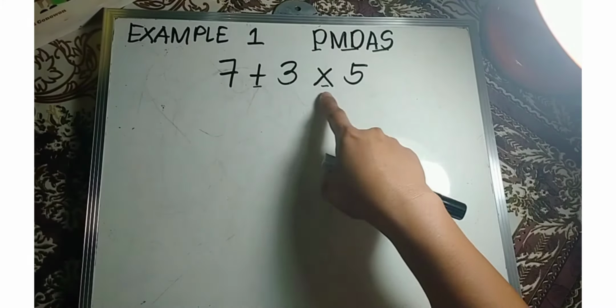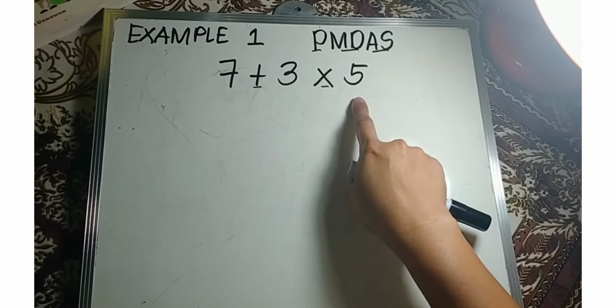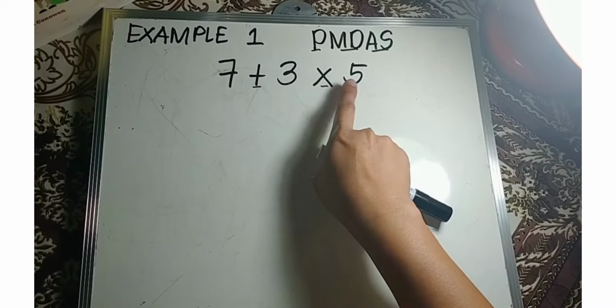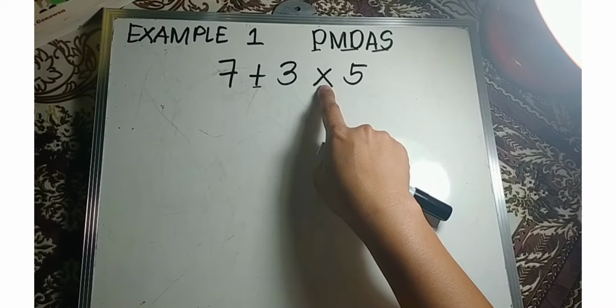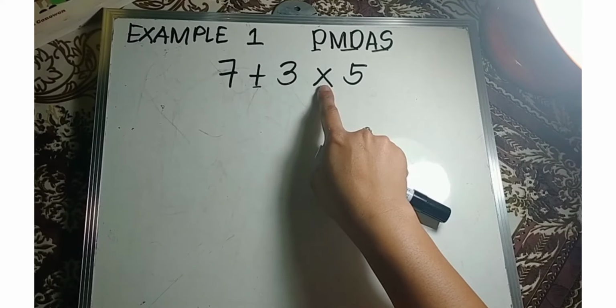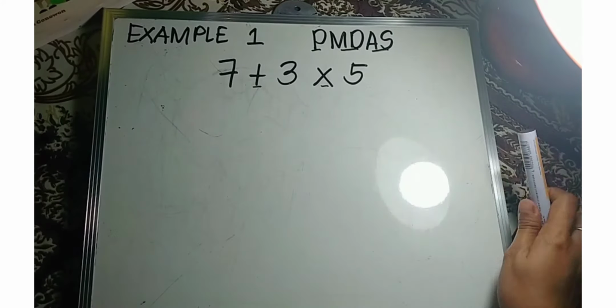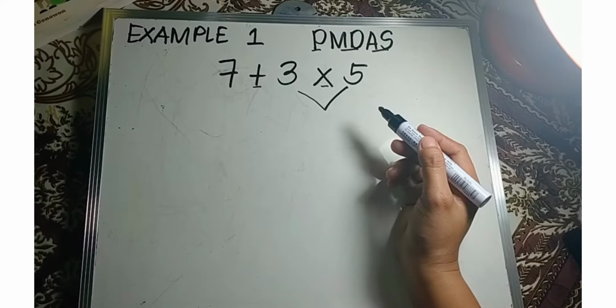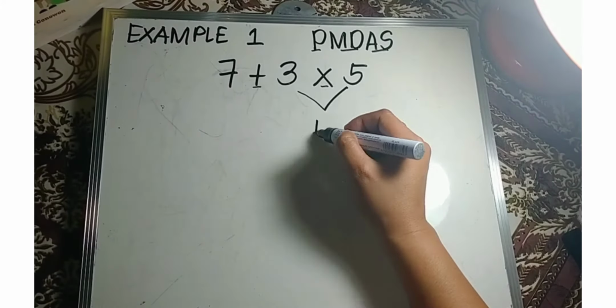Kung mapapansin mo, may multiply or divide ba dito? Yes, we have the multiplication, which is 3 times 5. Kita niyo po yung multiply or multiplication symbol. Okay, so meaning, si 3 times 5 muna ang una nating isosolve. 3 times 5 is 15.